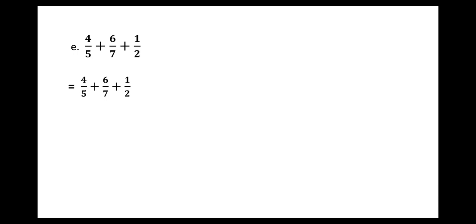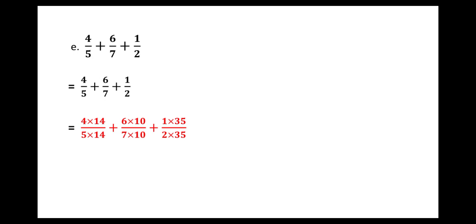Now first of all we take the LCM of 5, 7 and 2. The LCM of 5, 7 and 2 is 70. Okay ji. Now I need to know the number by which I multiply 5 to get 70. So now you can see that 14 is the number.